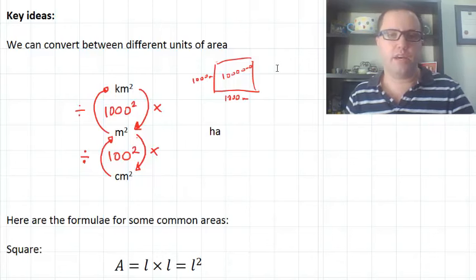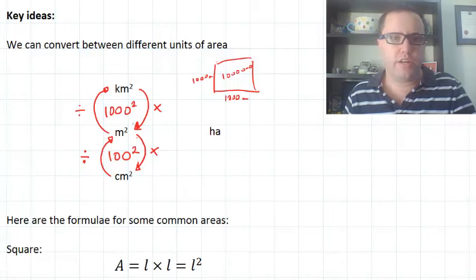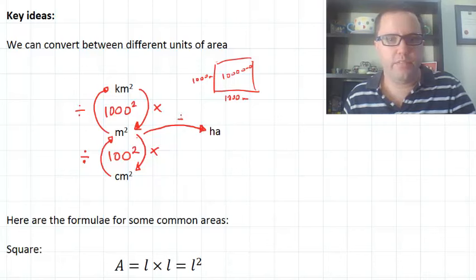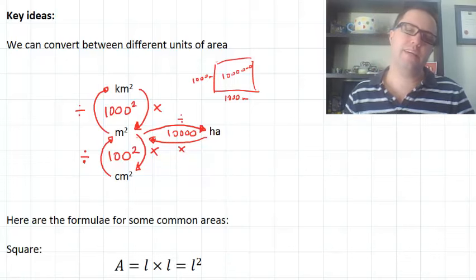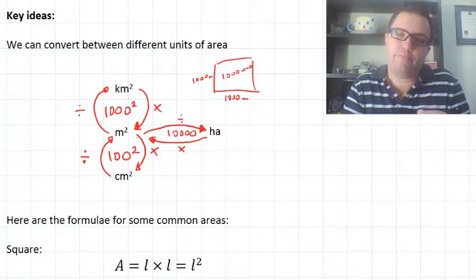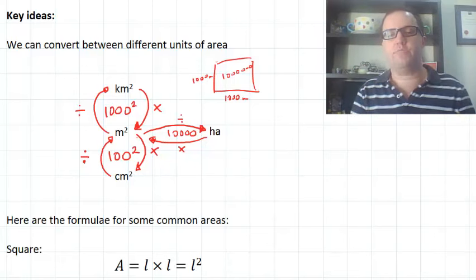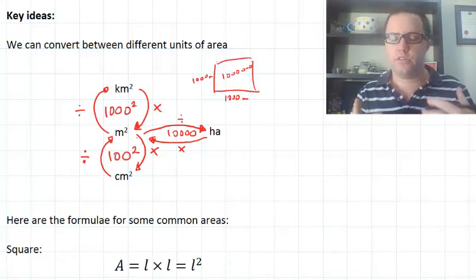If we're going from square meters to hectares, we're going to be dividing, and there are 10,000 square meters in a hectare. When we're going back down to meters squared, we multiply by 10,000. It's kind of complicated, but it is a unit of measurement that you will see come around, so it's good to get used to it.